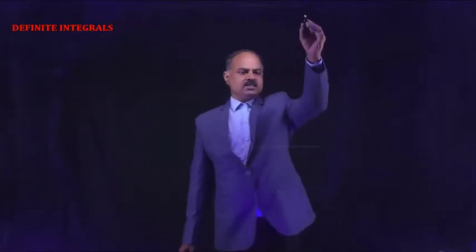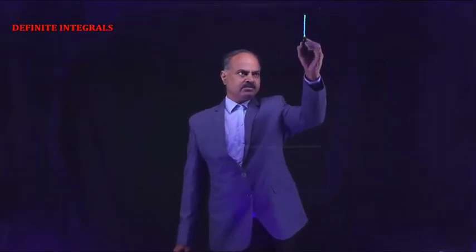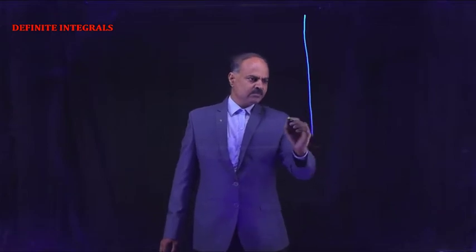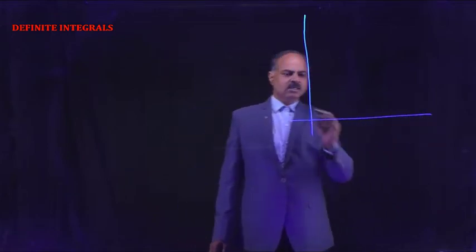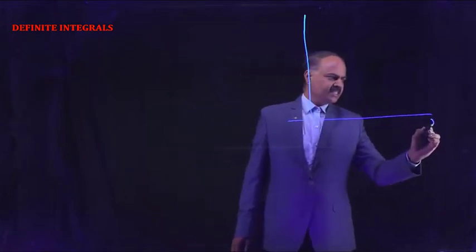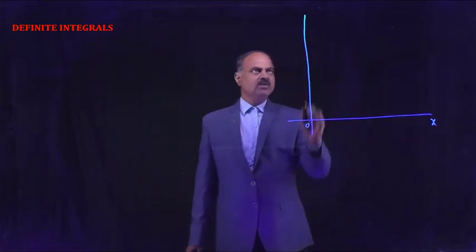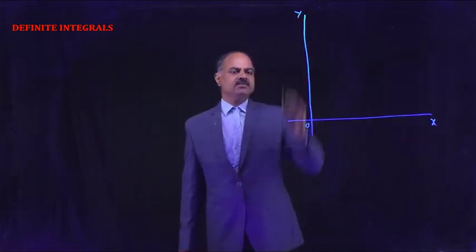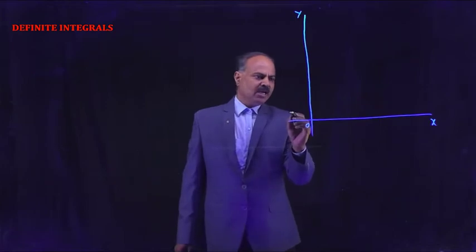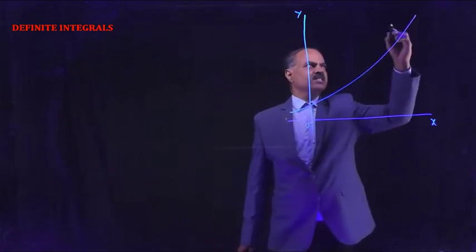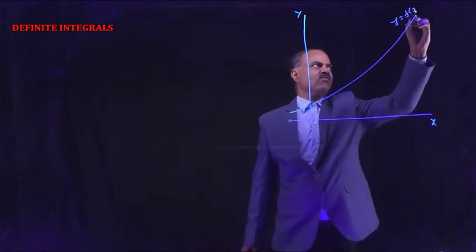Let us see the diagram. This is the x-axis, and this is the origin O. This is the y-axis. Let y equal to f of x; this curve is y equal to f of x.